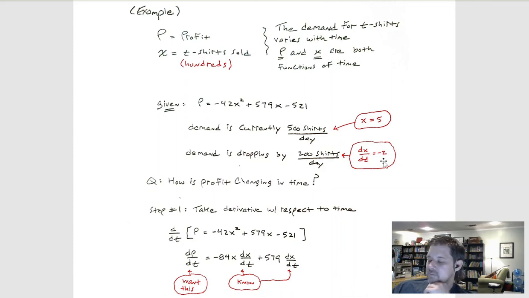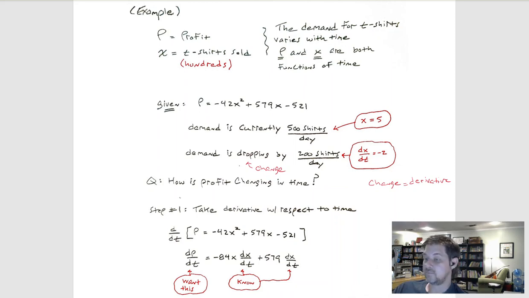Now, there are variables and then there are changes. So see, when it says dropping, that is signifying a change. And whenever we say something is changing, then we're talking about a derivative. Okay, because a derivative is a rate of change.